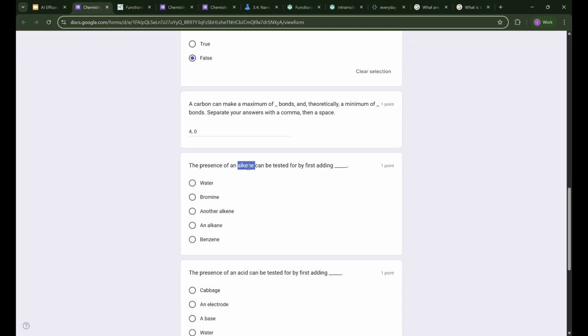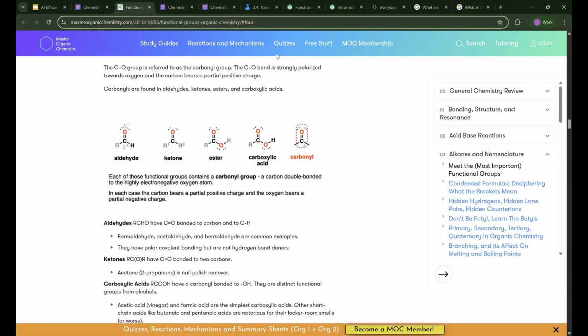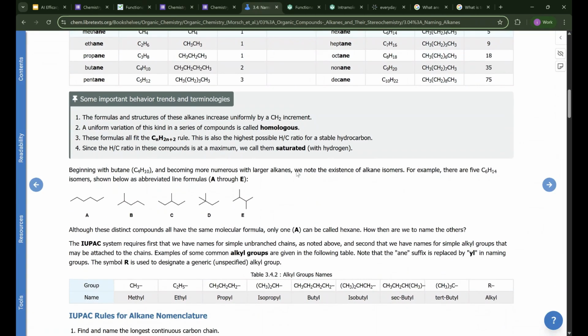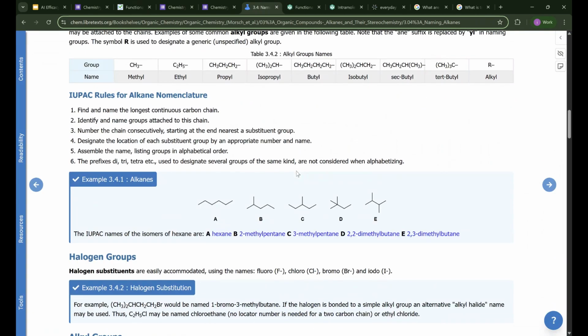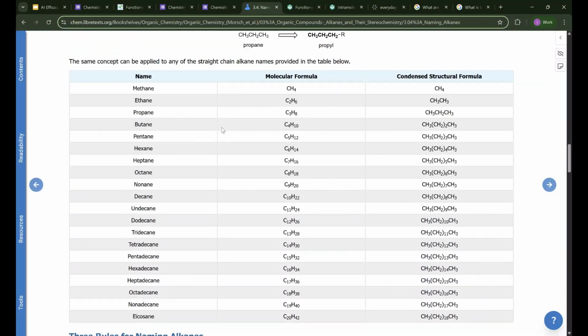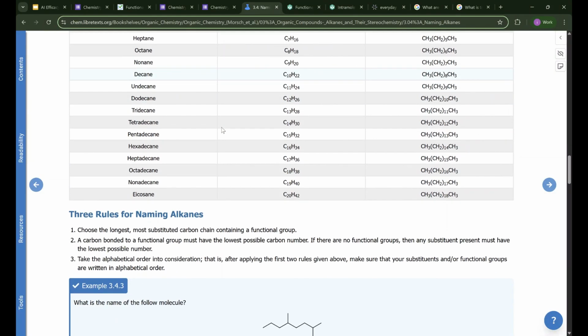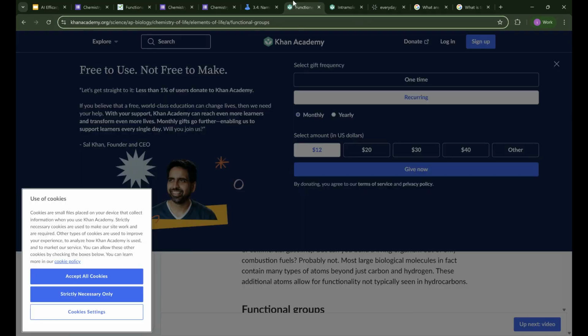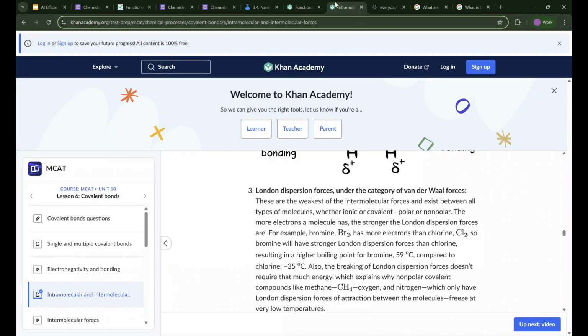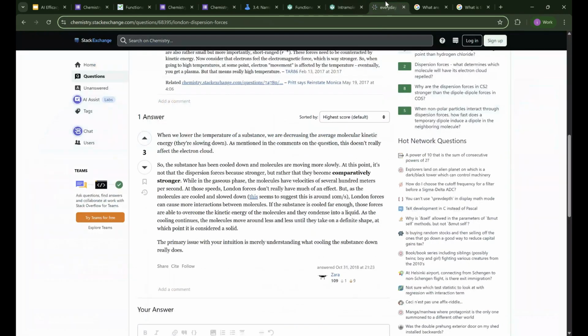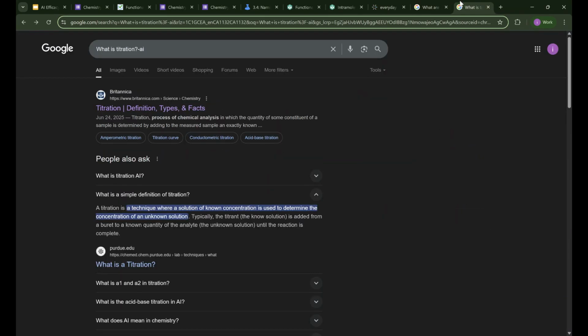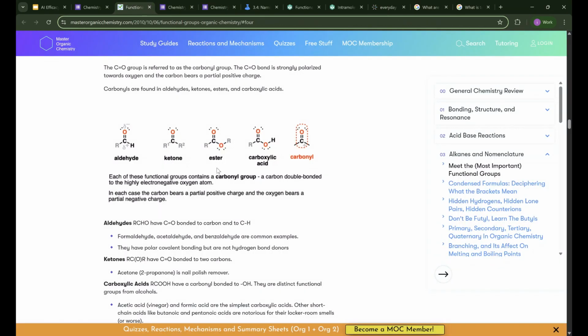Alkenes, I remember, had double bonds. Yeah, this one I'm not really sure. Let's see if I can go back to an alkene website. This would be naming. This was functional groups, intramolecular, weird cases. Was titration? Yeah. Is it here?